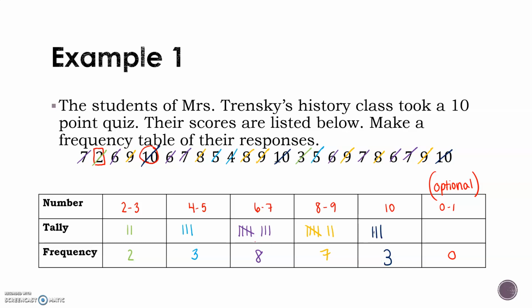Now, here's an easy way to check your work. Just like when we were putting things in order from least to greatest, we can add up our numbers in the frequency table. So add up frequency numbers, or add the frequency row values to check your work.